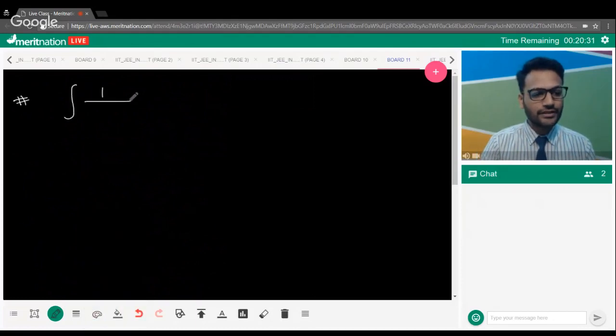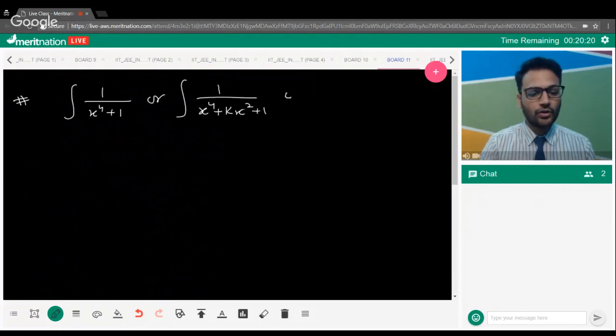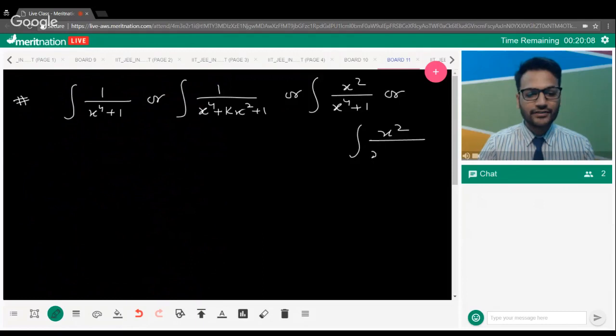Whenever you have questions of this sort, 1 upon, this is also sort of important. Something like this, or 1 upon x to the power 4 plus kx squared plus 1, or maybe x squared upon x to the power 4 plus 1, or you have something like x squared upon x to the power 4 plus kx squared plus 1, right?